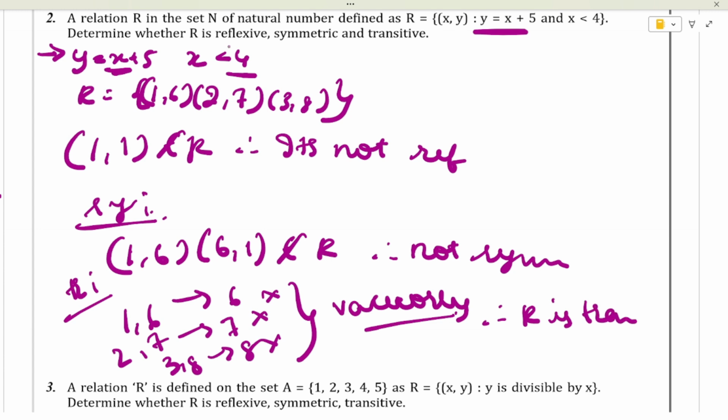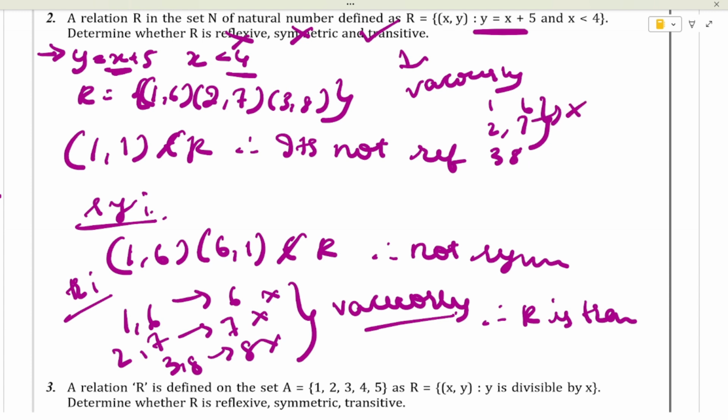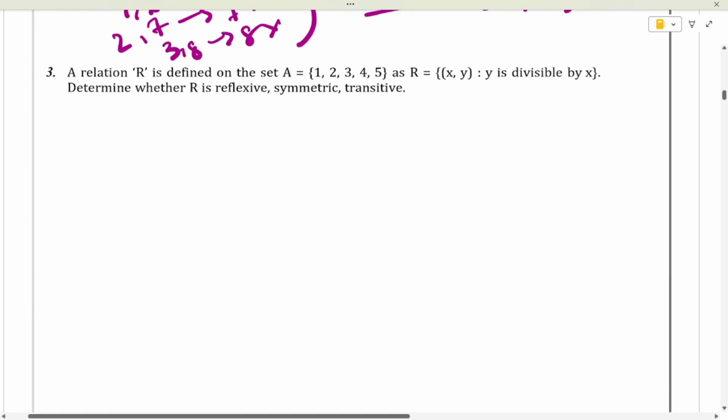This particular relation is not reflexive, not symmetric, but transitivity is there with the vacuous condition. Since 2 comma 7, 3 comma 8 and 1 comma 6 have no continuing pairs, you can prove that it is transitive.